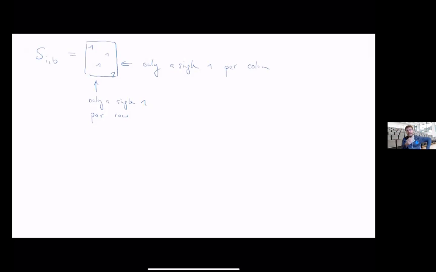So if you give me such a matrix branching program, basically what they do is, if you multiply a vector with these matrices, row or column wise, they just permute the coordinates.